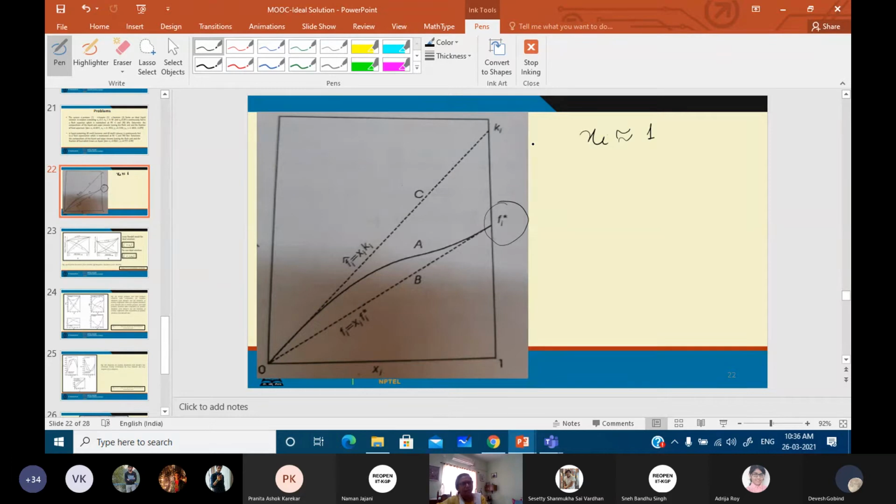So for any particular solution, the component in large excess always obeys the ideal solution model. The other component, which is not in large excess, normally does not obey the ideal solution model, provided the two components are extremely different physically and chemically. This part is clear to you? Yes, ma'am.